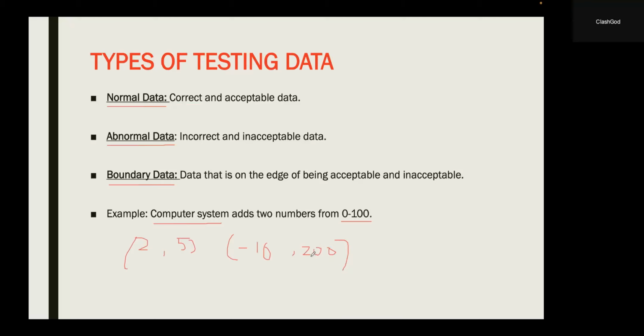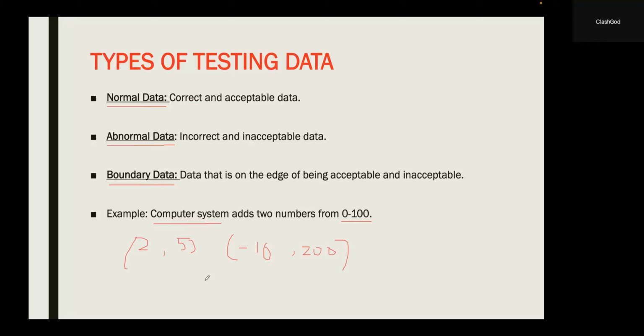We need to see if the computer system can still run if incorrect or abnormal data is entered. So the first type is normal data that is correct and acceptable, and second is abnormal data. The reason why this is abnormal is because the computer system only accepts numbers from the range of 0 to 100. Now this -10 is below 0, and this 200 is over 100. Therefore, we can say that it is part of abnormal data.